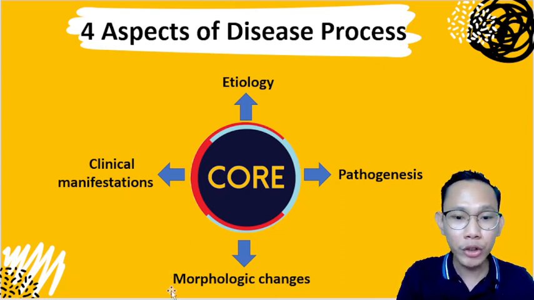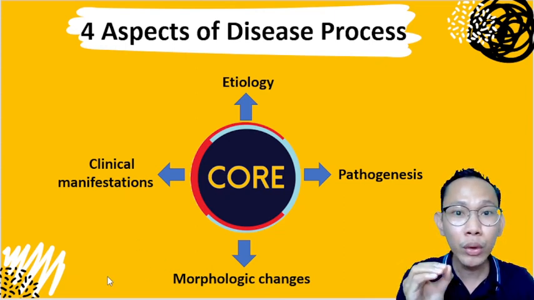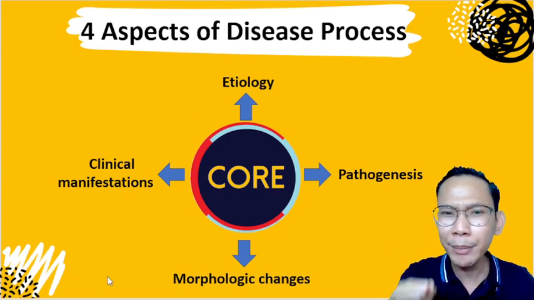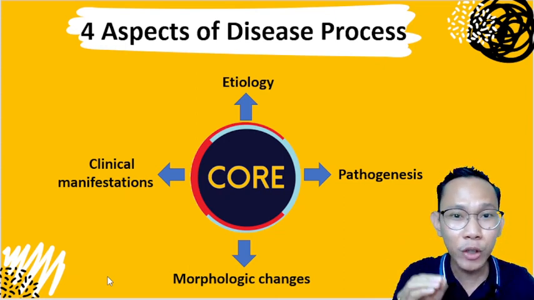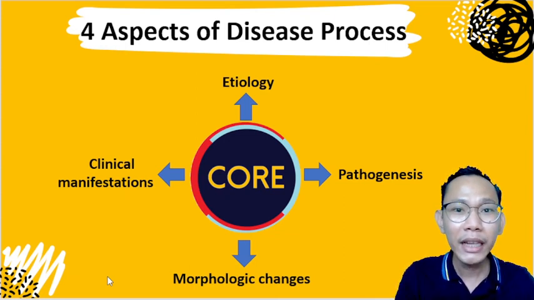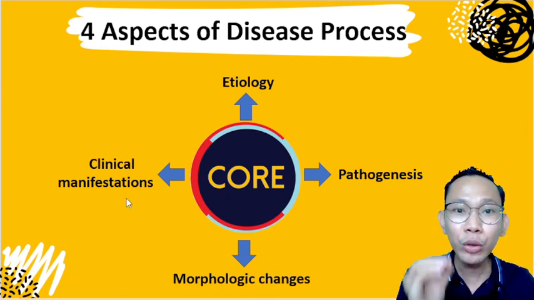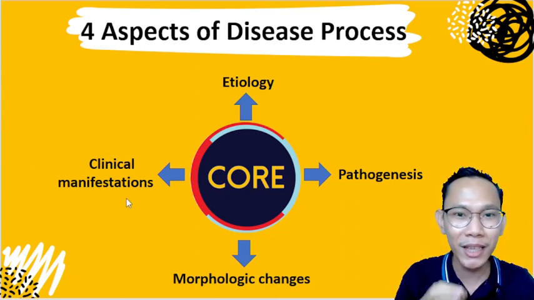Because of the changes na nangyayari sa ating cells, it will result into a dysfunction. Because the cell cannot do its function, what will happen? Then it will result into a clinical manifestation. Yung clinical manifestation, ito na yung nararamdaman ng ating pasyente.